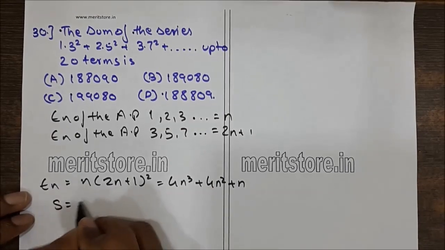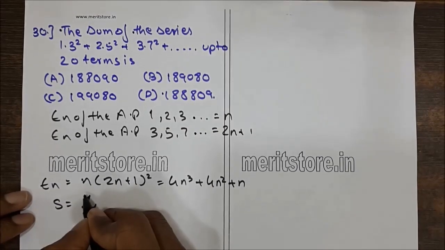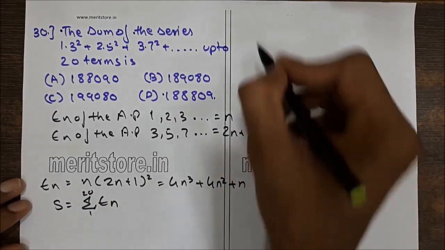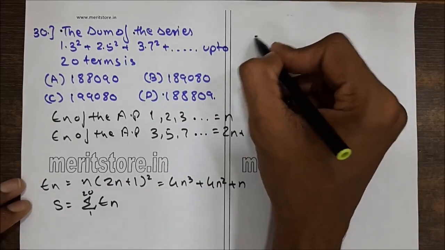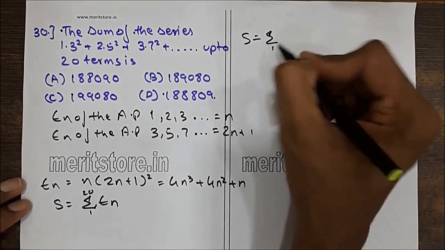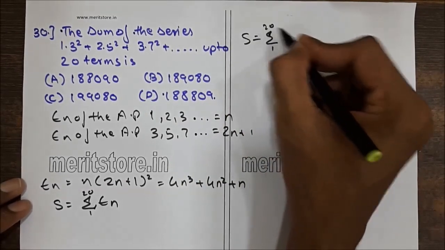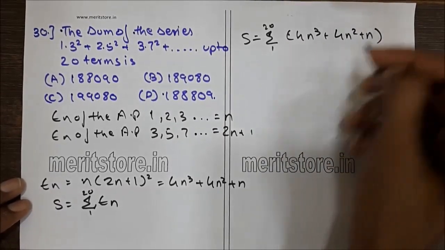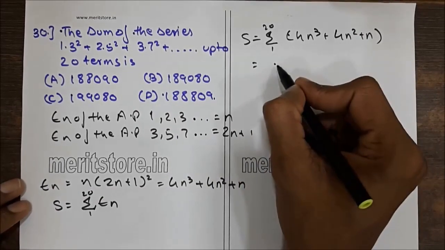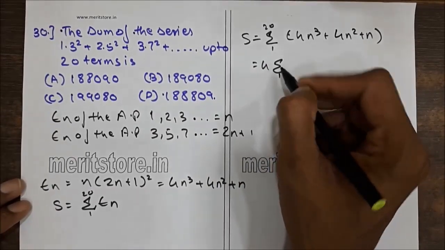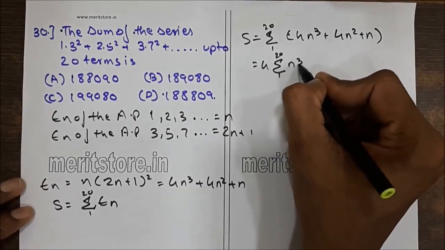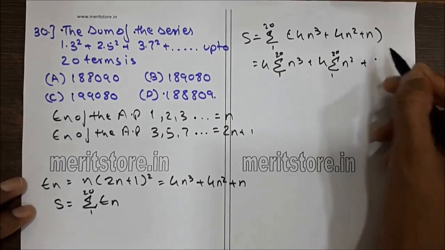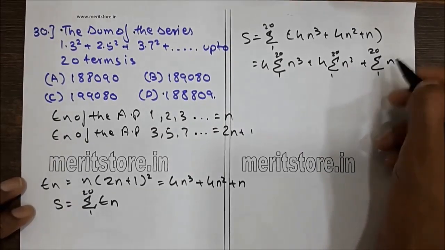Taking the sum, that is the summation from 1 to 20 of t of n, substituting the value of tn, we get summation from 1 to 20 of 4n cube plus 4n square plus n. Solving this, we take summation inside the bracket, we get 4 summation of 1 to 20 n cube plus 4 summation of 1 to 20 n square plus summation 1 to 20 n.